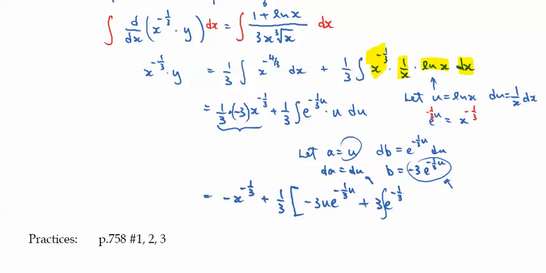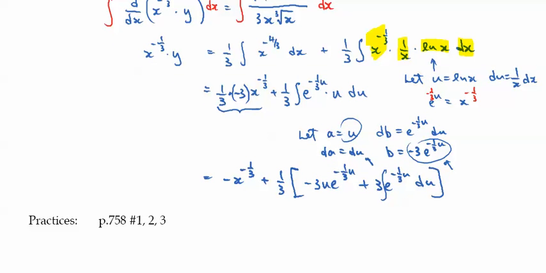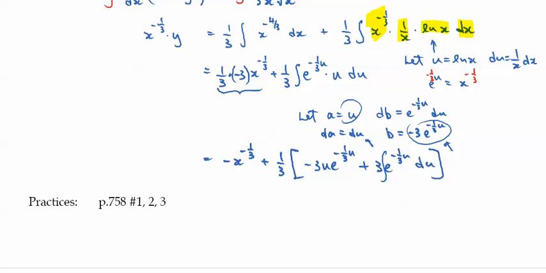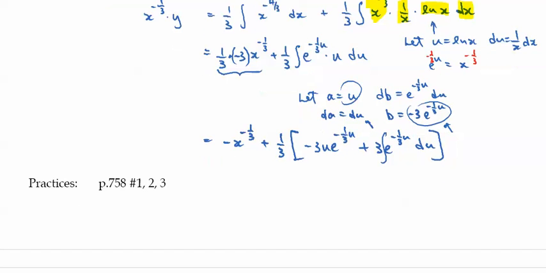Integrate negative 1/3 of u du. Now make sure you don't forget the u substitution we had earlier. For all the u that you see on the right hand side, they are actually ln x. So here, negative x to the negative 1/3, plus 1/3, negative 3 ln x times e to the negative 1/3 of ln x.